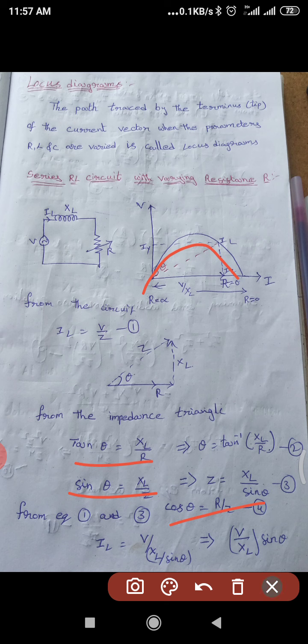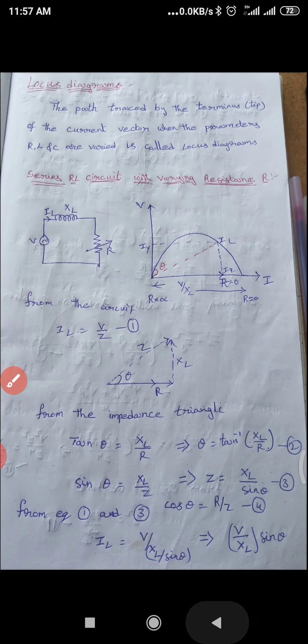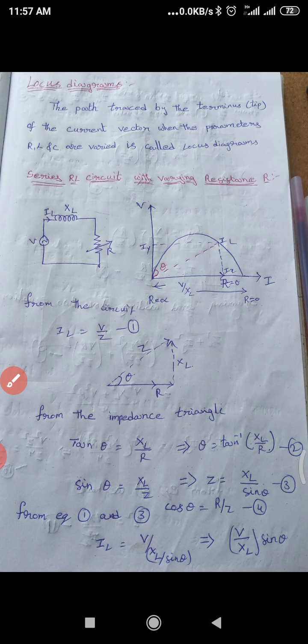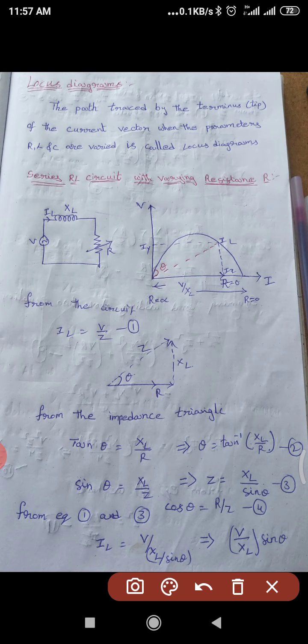So let us find the load current IL. How can we find this IL? Load current IL is equal to V by Z, that is voltage by impedance.